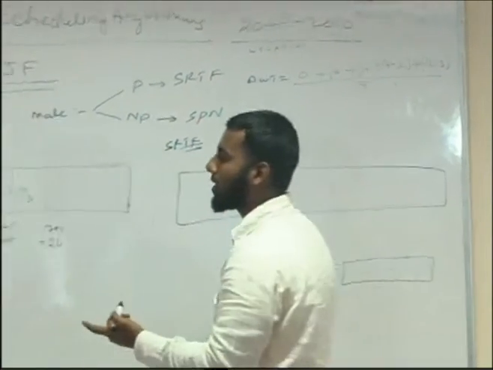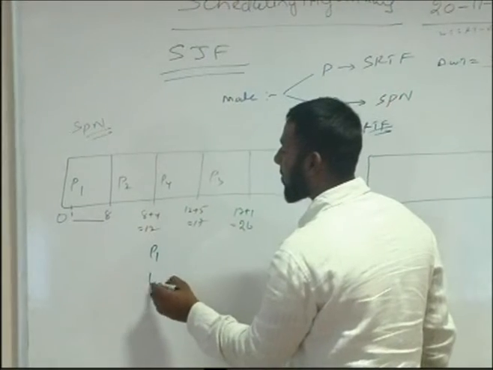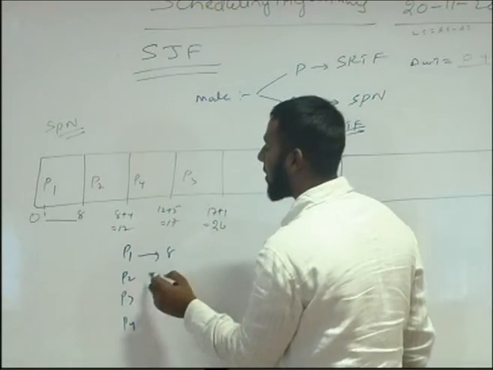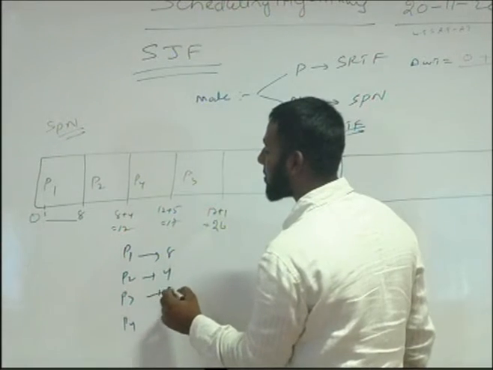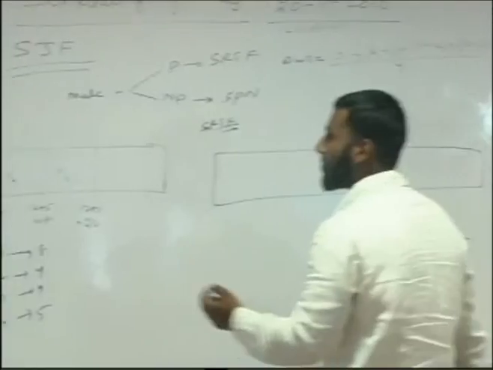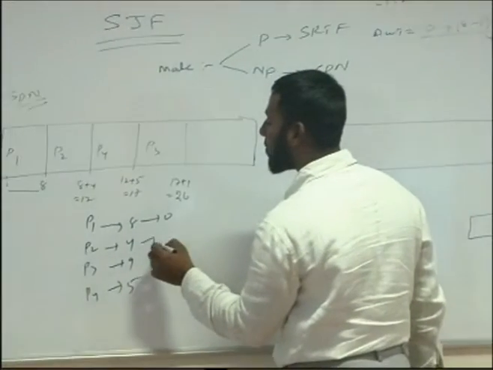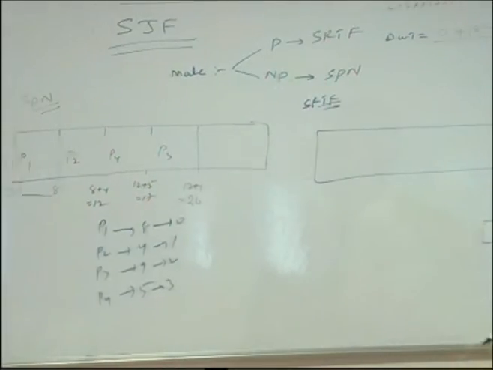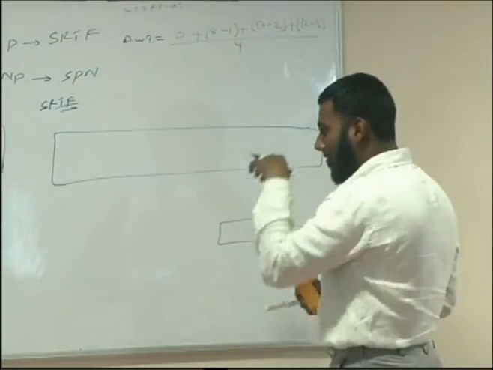So for that I write here: process P1, P2, P3 and P4. The burst times are 8, 4, 9 and 5, and the arrival times are 0, 1, 2, 3 for example.